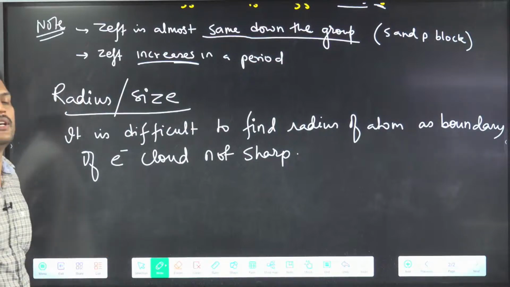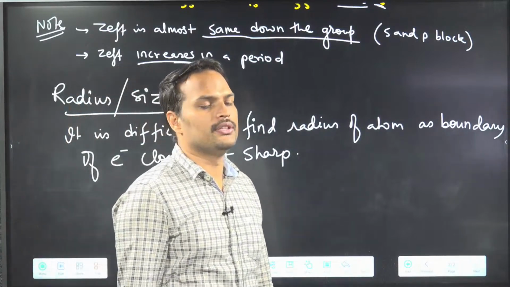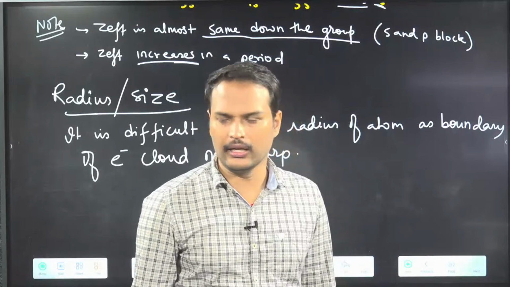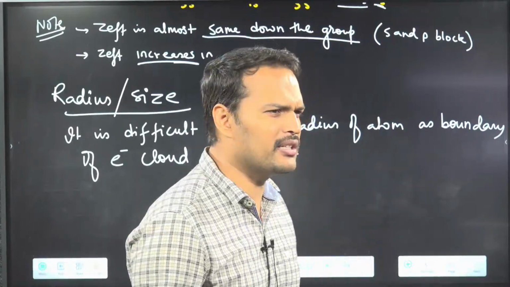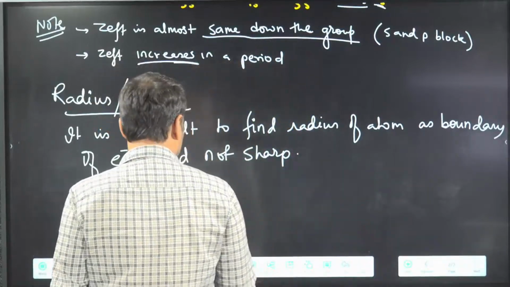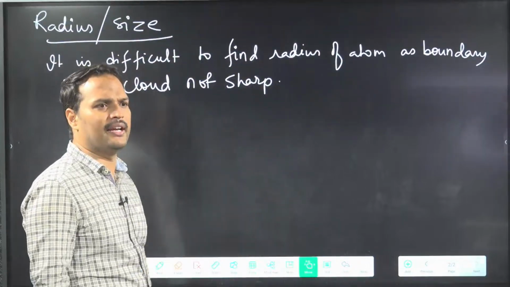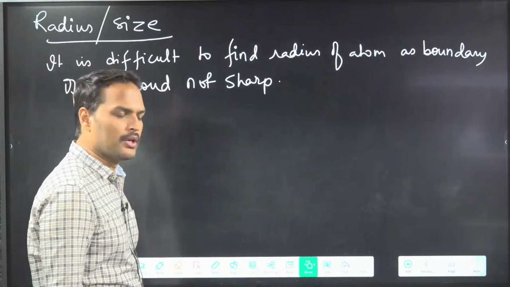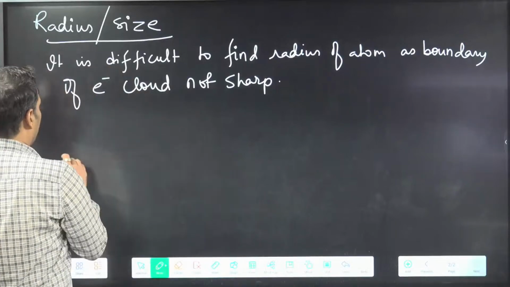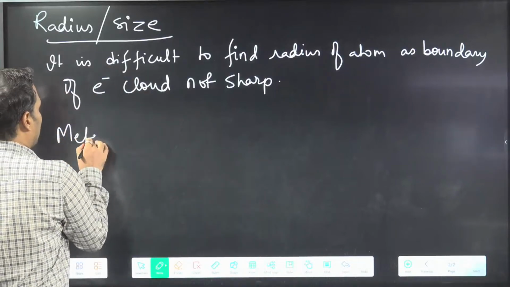So that's why it is difficult to find the radius. So then what we will do, we'll stop finding? No, we'll find some methods. They are very advanced methods. Spectroscopy, they have written in NCERT, by which they find the radius, okay? Now there are many types of radius, I will give you a few examples.